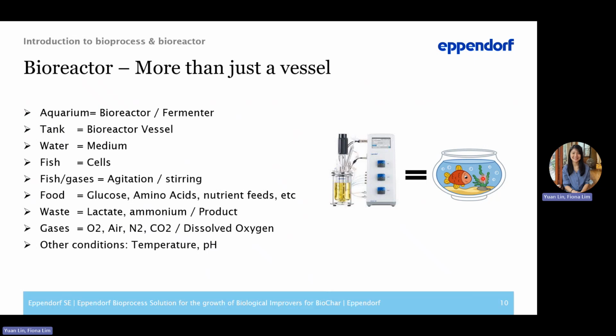And also fishes, they require oxygen to grow and some kind of concentration of carbon dioxide. So in the bioreactor, we could also supply all this gas, oxygen, nitrogen, air, as well as carbon dioxide into the bioreactor in a fixed condition so that it can control the amount of oxygen that is going in to be supplied to the cells that you are growing.